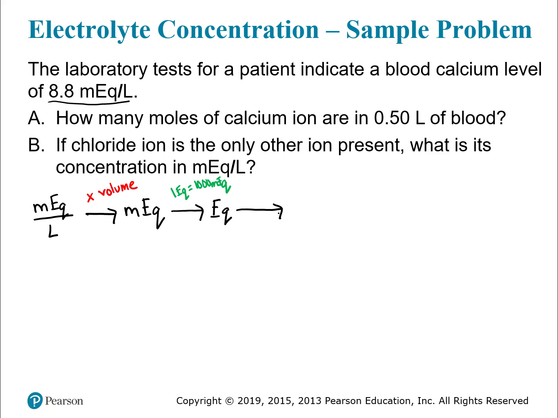To go from equivalents to moles, we have to write another conversion factor, which I'll abbreviate CF, to relate equivalents to moles. And I didn't explicitly talk about that in the last slide, so I'm going to show you what I mean in just a second here. So the first part is easy.